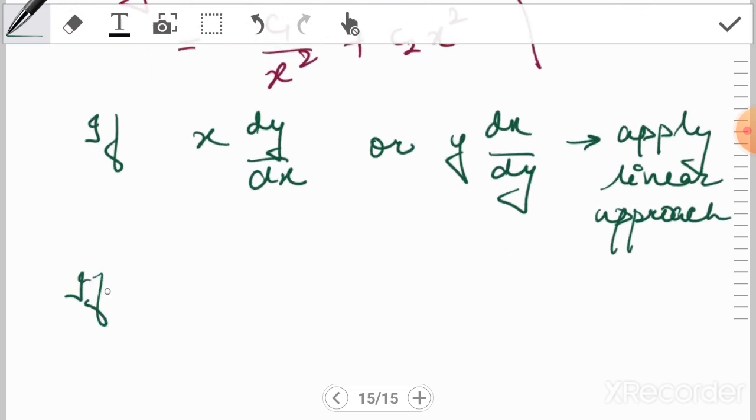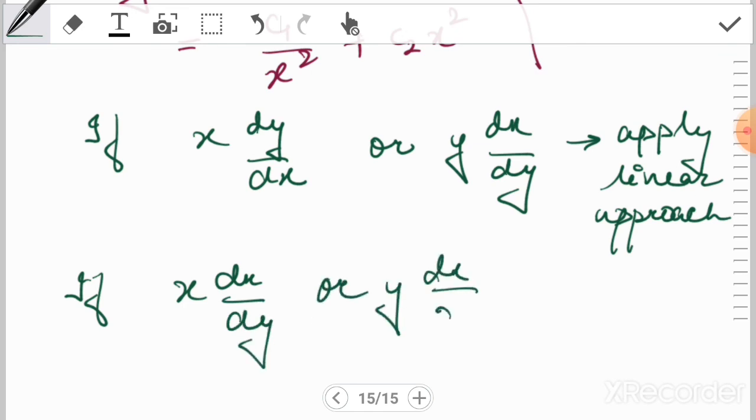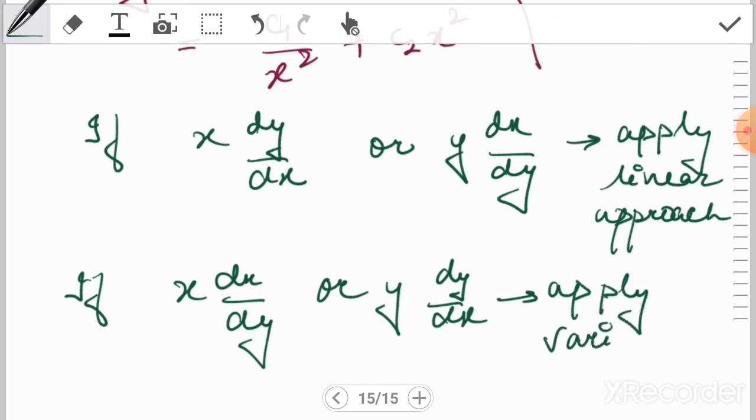And if you find x dx by dy or y dy by dx, then apply variable separable method.